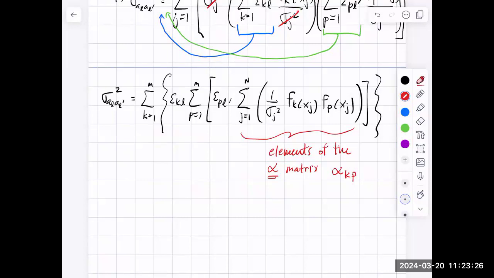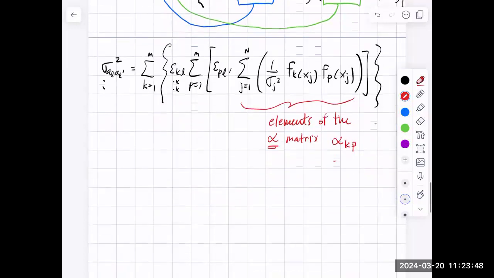Maybe you could even see what's going to happen if all of this stuff ends up just being the identity. Then we have epsilon times the identity, which is going to be just the epsilon. And so it's going to turn out that these epsilon elements give us the square of the uncertainties. That's where we're headed.